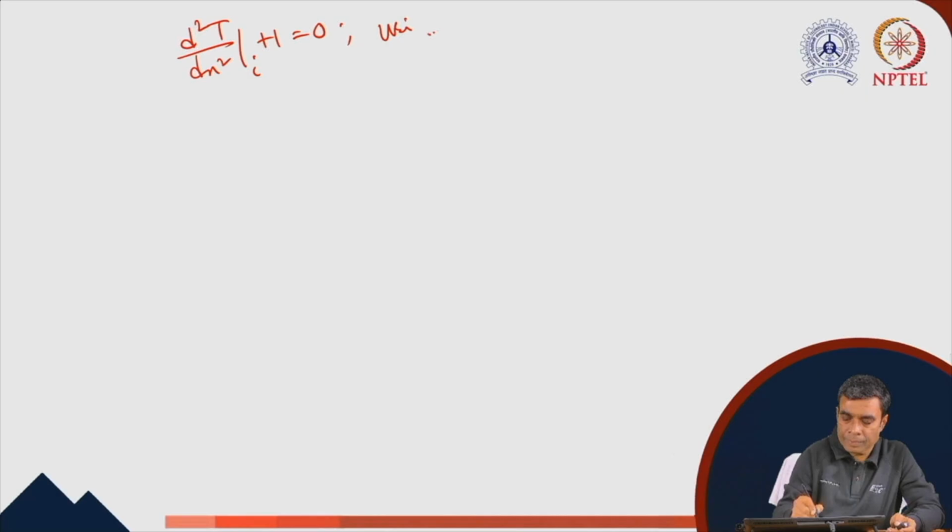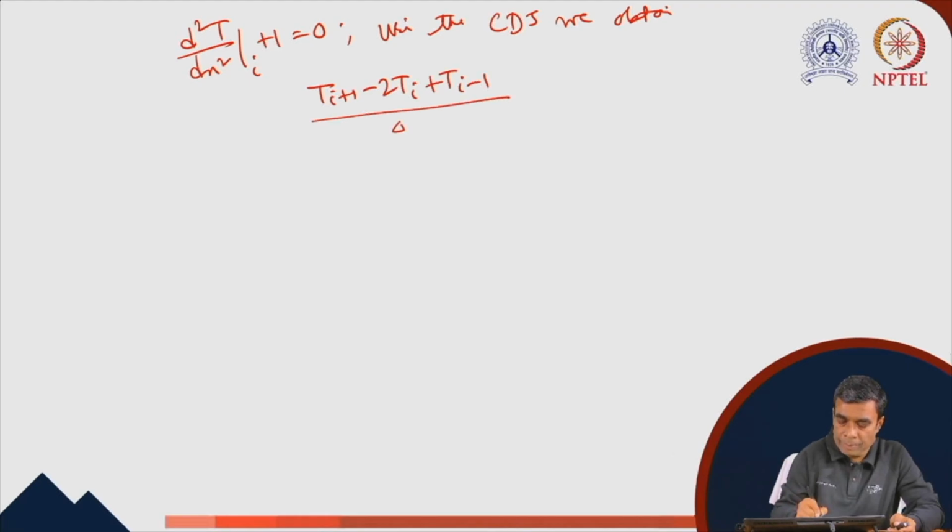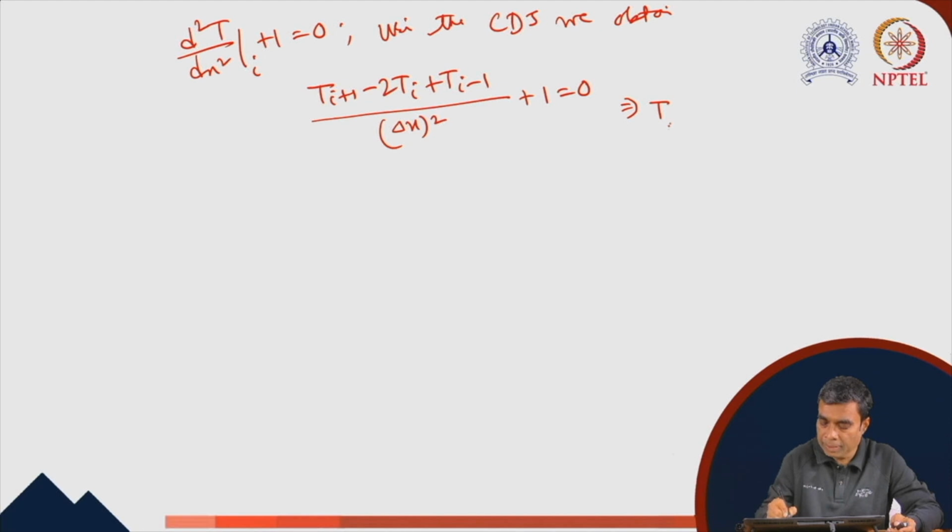Using the CDS scheme, we obtain Ti plus 1 minus 2Ti plus Ti minus 1 by delta x whole square plus 1 equals 0, or we get from here Ti plus 1 minus 2Ti plus Ti minus 1 plus delta x whole square equals 0.